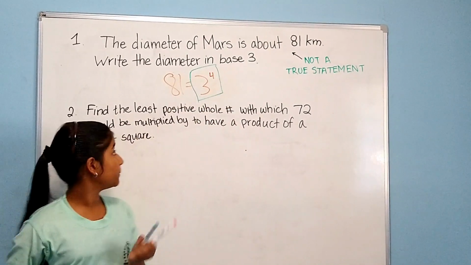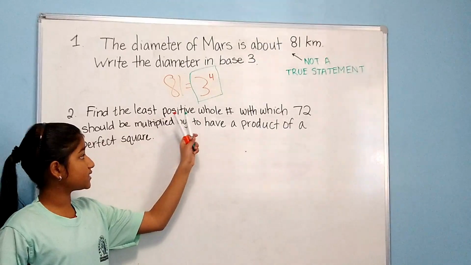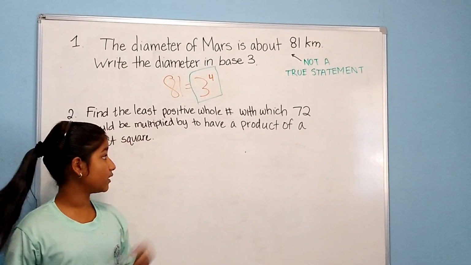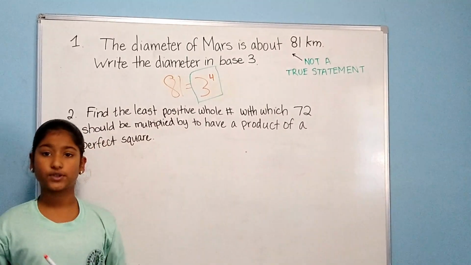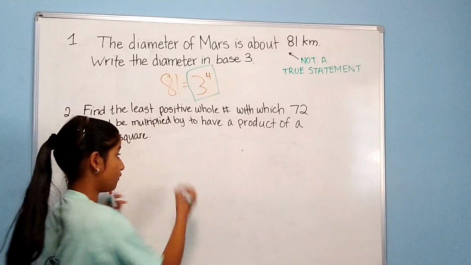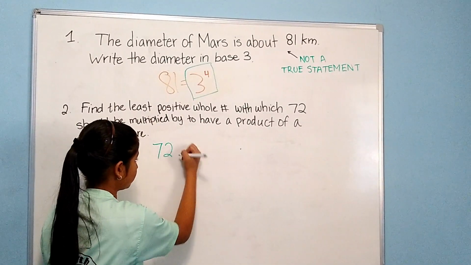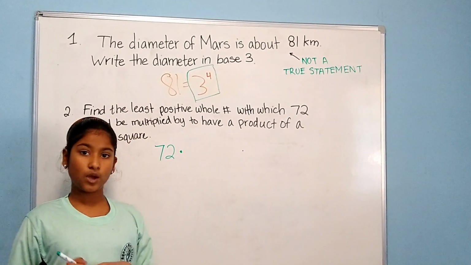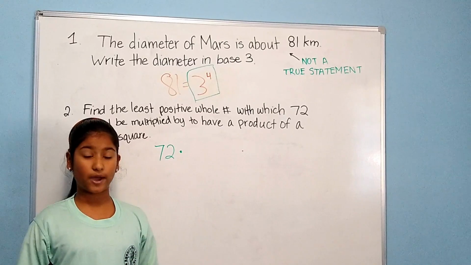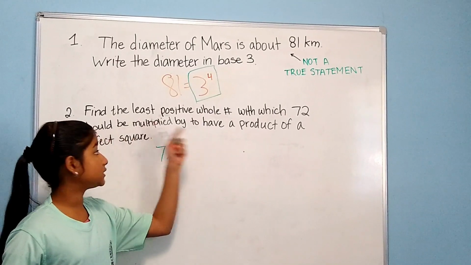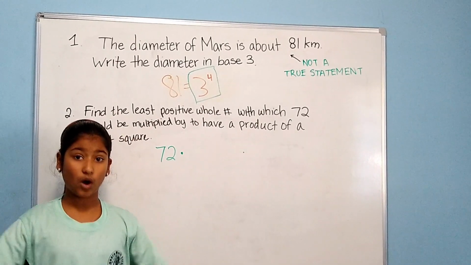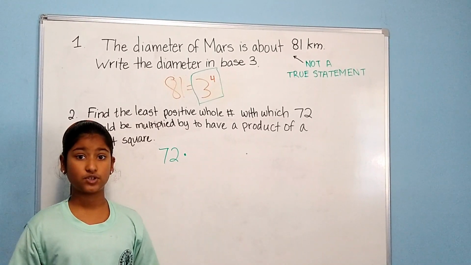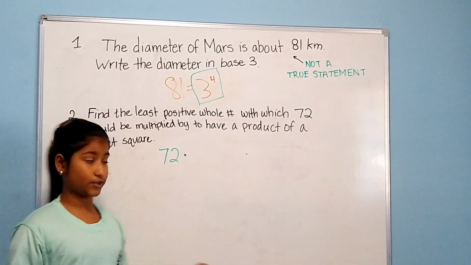Now let's do the other one. Find the least positive whole number by which 72 should be multiplied to have a product that is a perfect square. Well, we're trying to solve for what 72 should be multiplied by to get a perfect square. What numbers can we multiply by? We have to solve for the least positive number, so let's start from the least. 72 times 1 is just 72, and that's not a perfect square.